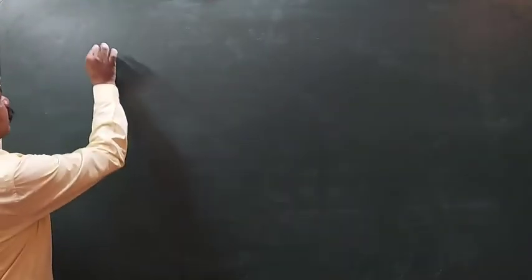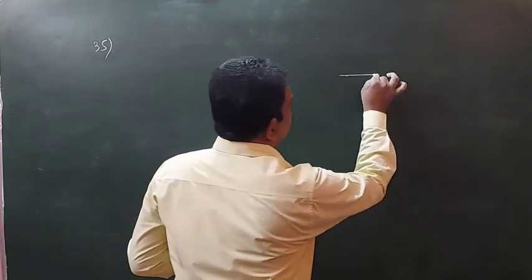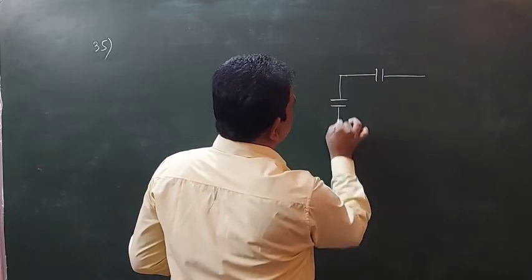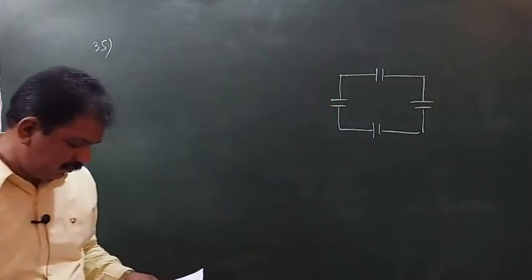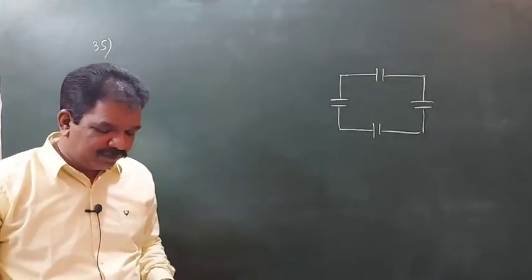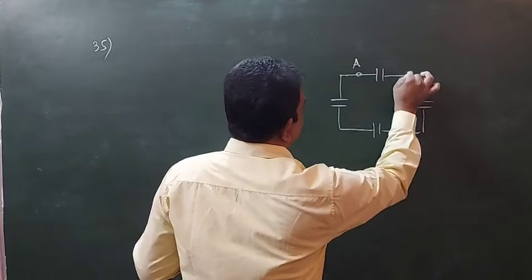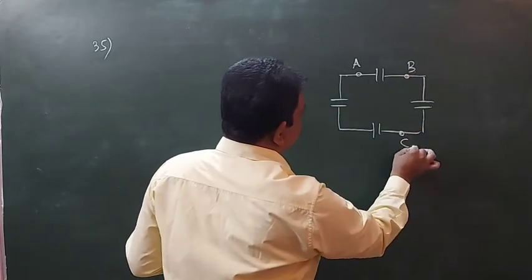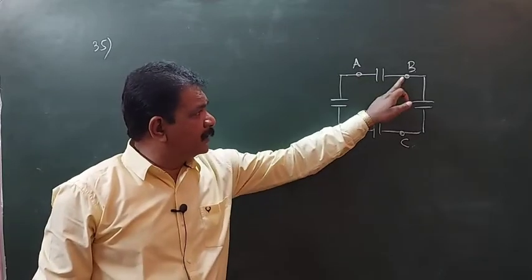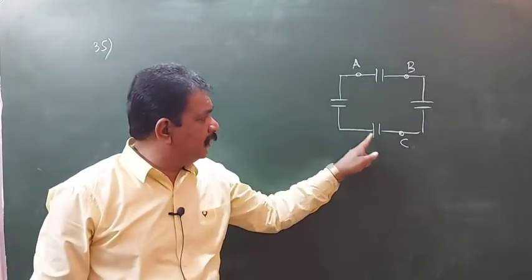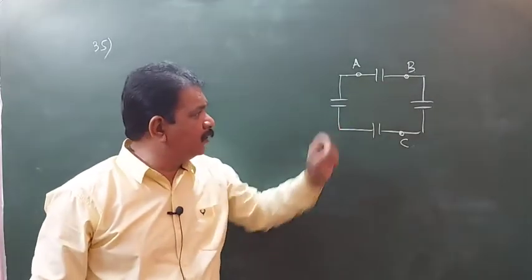Next, 35. What they gave, see. Here 4 capacitors are there. All are identical, each having capacity C. Here A, here B, here C. If we consider the capacity across AB, these 3 will be in series, and that will be parallel to this.